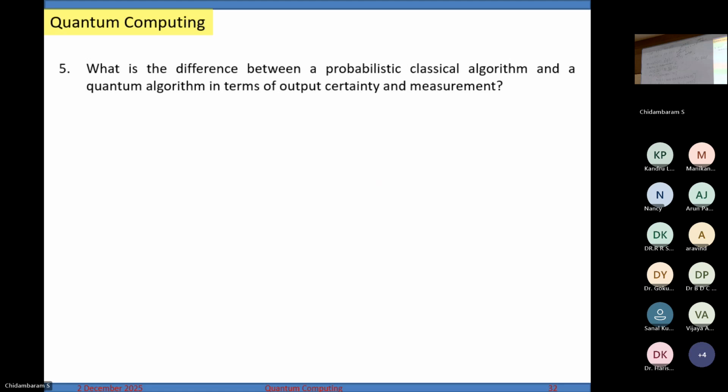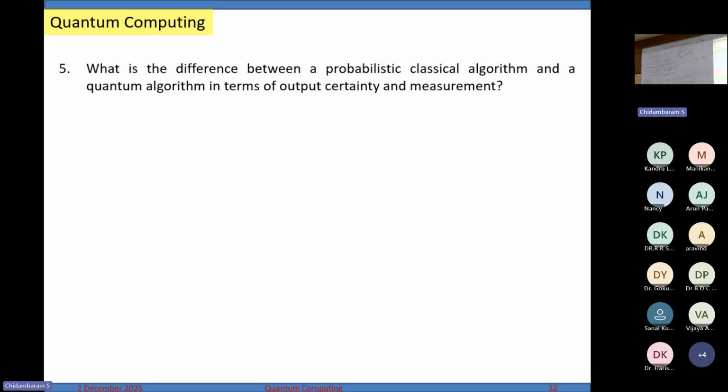Similarly, sir, I have a probabilistic classical algorithm, where the output is probabilistic. Let us take one example, random number generation. You generate random numbers probabilistically; you don't know which random number you will get. If we ask students how you generate random numbers, they say, sir, there is a function. What was that function? The rand function.